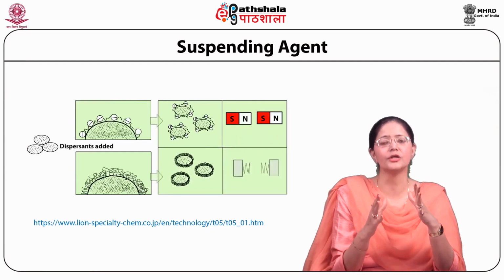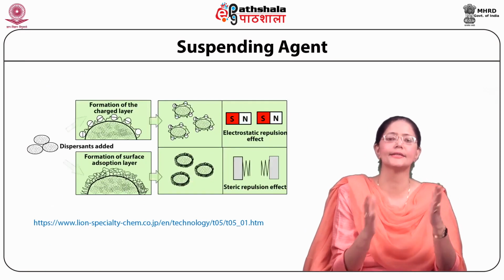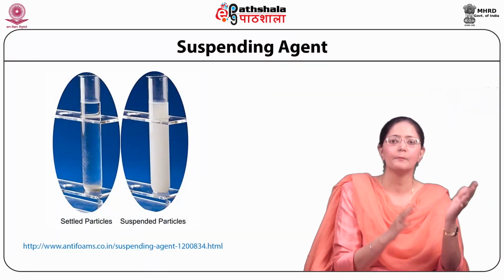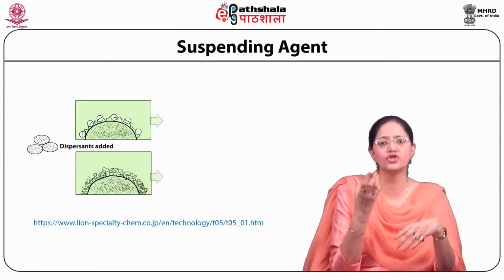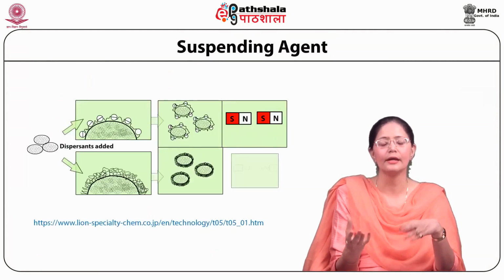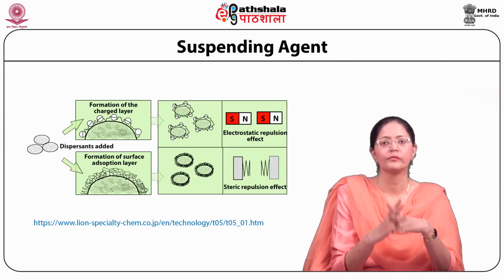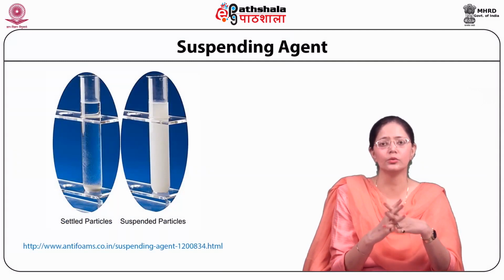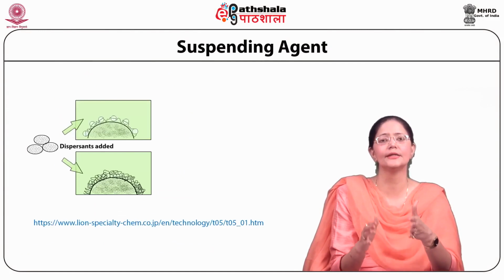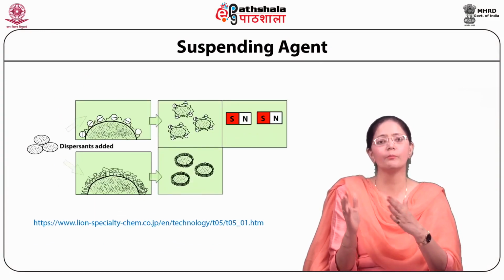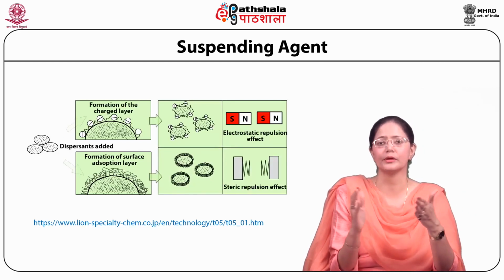A suspending agent that is thixotropic as well as pseudoplastic proves to be very useful since it forms a gel on standing and becomes a fluid when disturbed. Examples include bentonite and carboxymethyl cellulose, having both the pseudoplastic and thixotropic behavior.